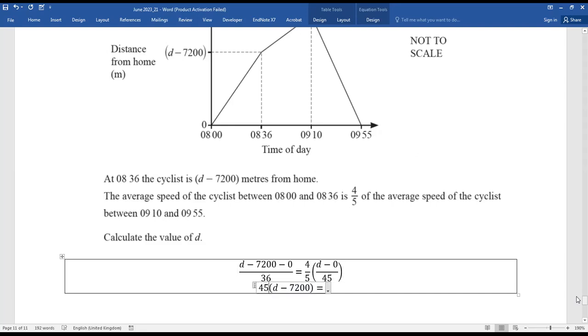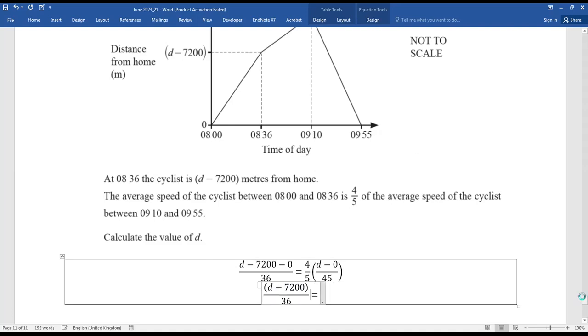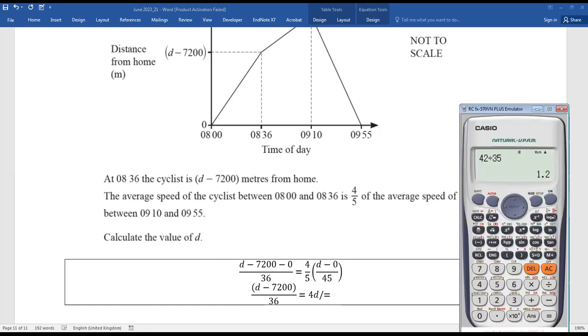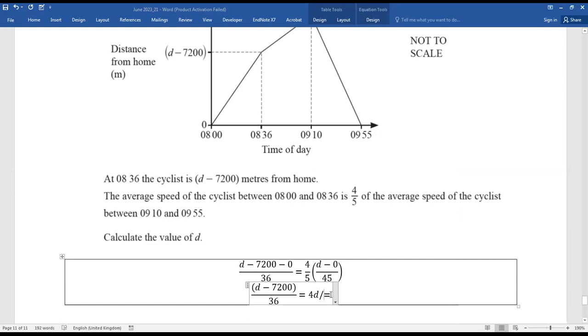Just multiply that, make it simpler: 4d upon 5 into 45, which is 225.